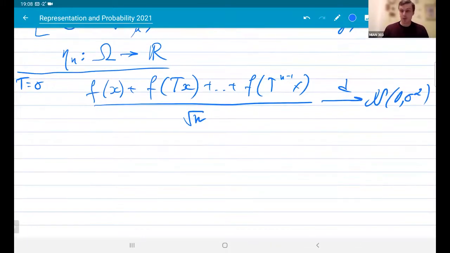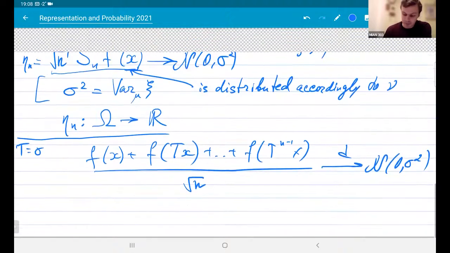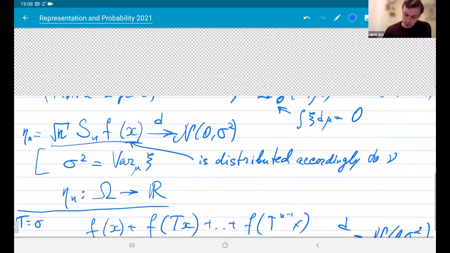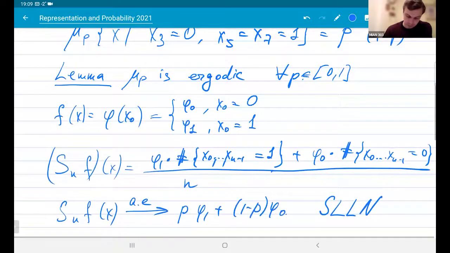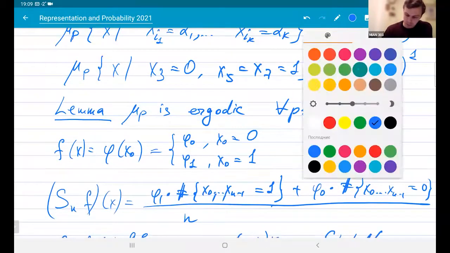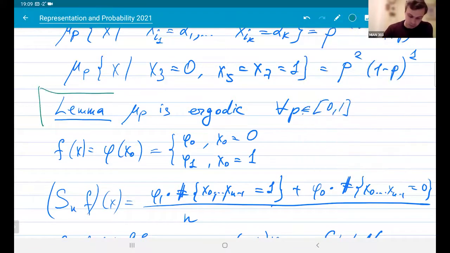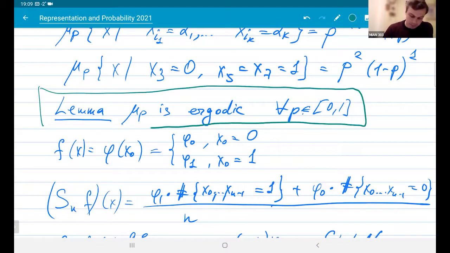But today I want to start with another result. Okay, so just before I pass to this second step, I want to discuss a bit this statement, that the Bernoulli measure is ergodic.